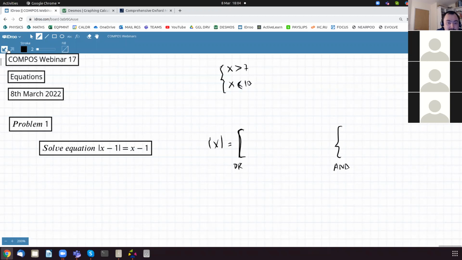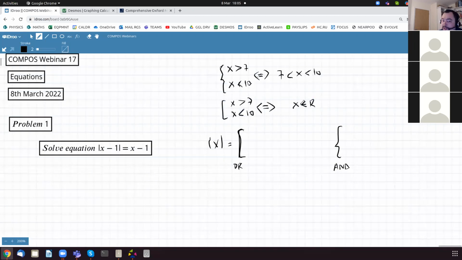But if you have x is greater than 7 or x is less than 10, well, actually that's any number. That's all real numbers.